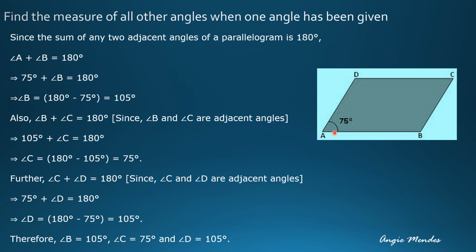If we substitute the value of the given angle, 75 degrees, we write 75 degrees plus angle B is 180 degrees. Keeping angle B aside and subtracting the values, we get the measure of angle B, which is 105 degrees.